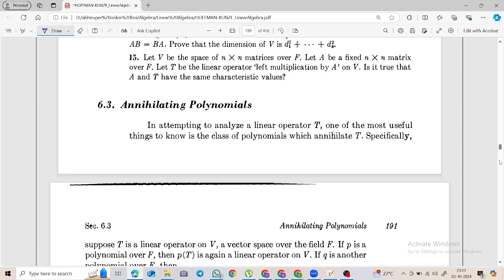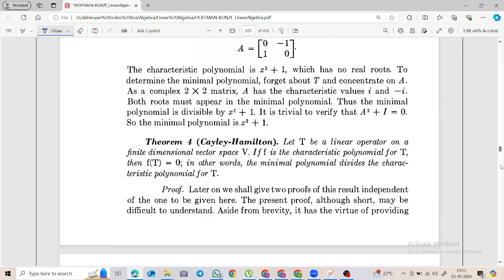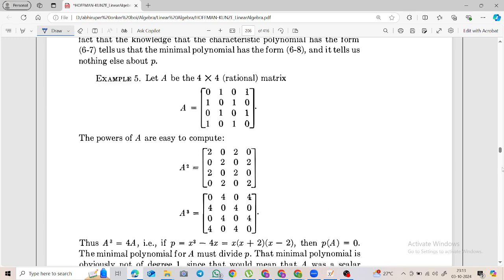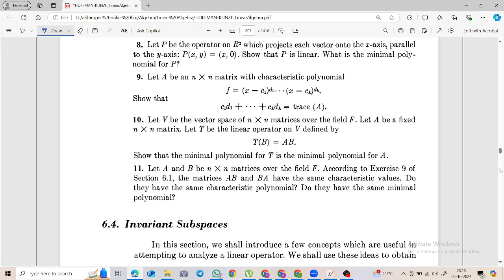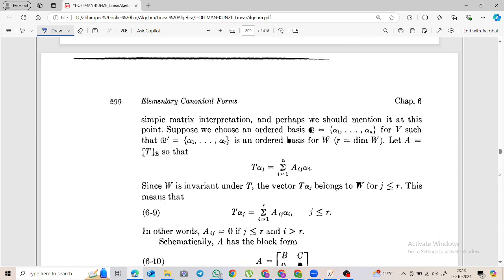Annihilating polynomials. Cayley-Hamilton is here, and I think you don't need more than 6.3 for M.Math and others, right?